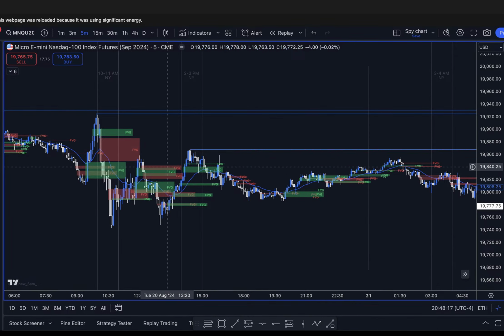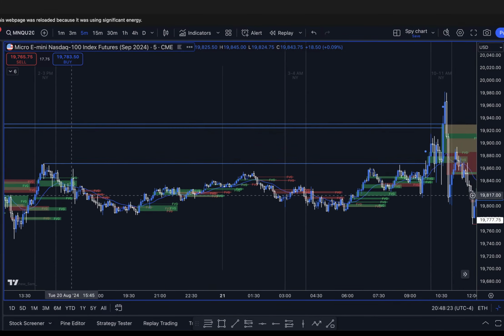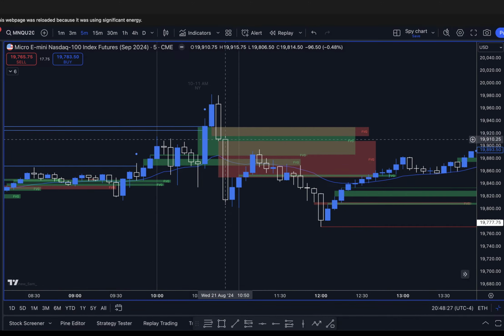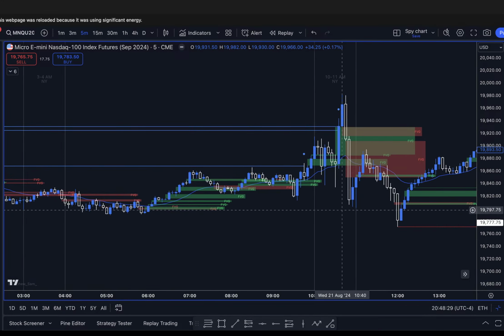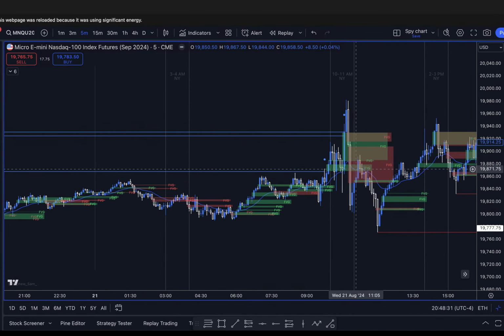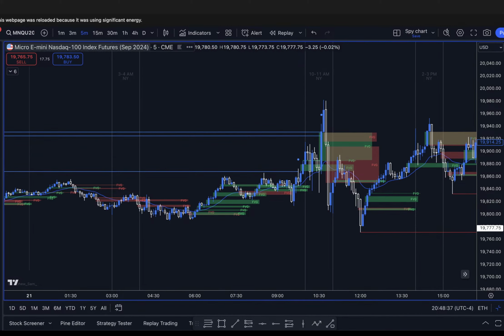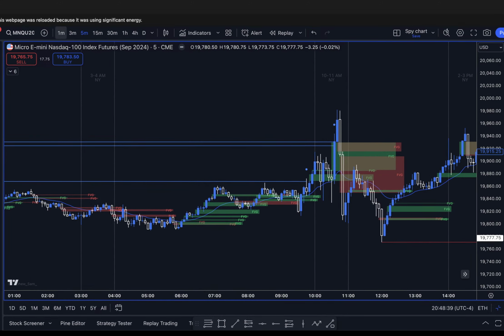No fair value gap tap until maybe lunch, and you could have gotten in to go lower. This move smaller, but I got in up here. That's just an experience thing. This one I got in right here, and it just left without us, but it did give you an entry to come back in and go lower. So you could have waited for the fair value gap entry. Just on the 5-minute, you'll leave some money on the table.